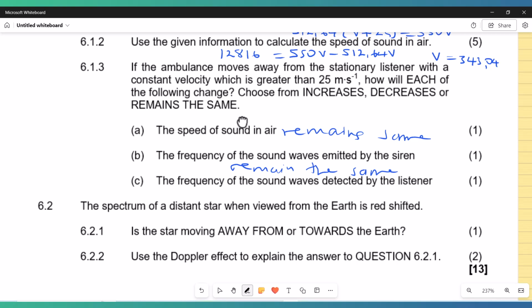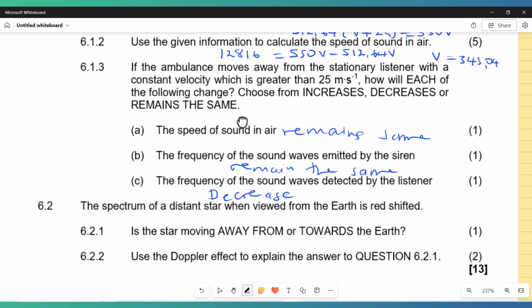For this one, because of the Doppler effect, it will decrease. Remember that if the source is moving away, you get very large wavelengths, and the larger the wavelength gives a smaller frequency. That's why it decreases.